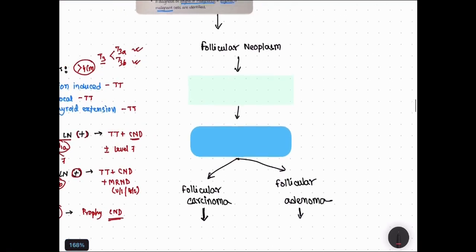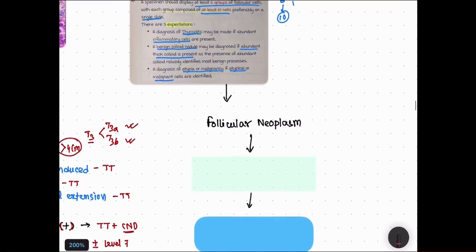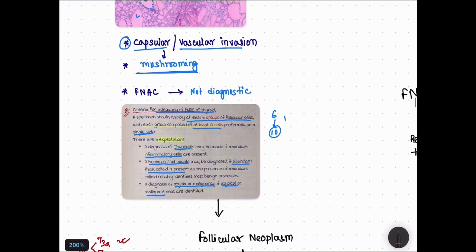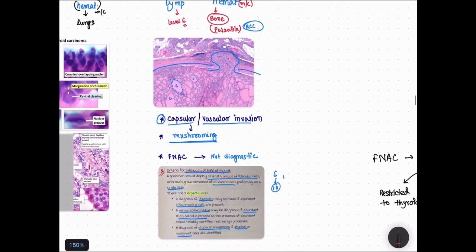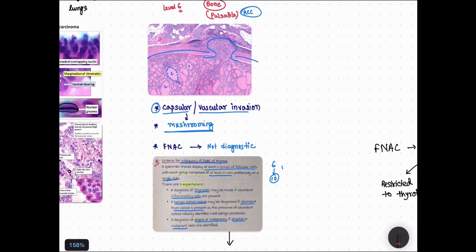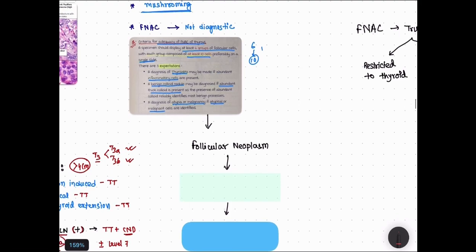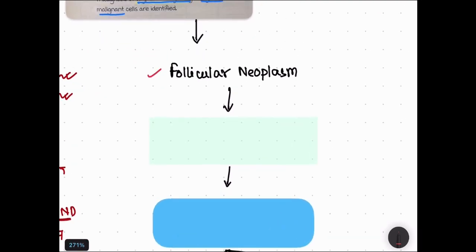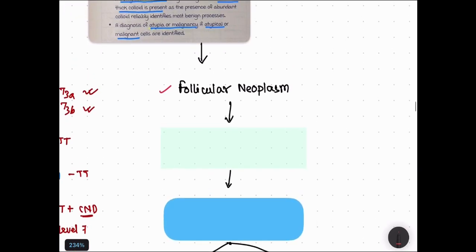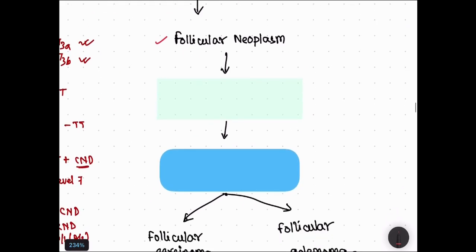Next, coming into the follicular thyroid carcinoma. So in follicular thyroid carcinoma we have done FNAC, and FNAC is inconclusive, and that is actually giving you this report like follicular neoplasm. So you have to be very much sure whether it is a follicular thyroid carcinoma or follicular adenoma. You have sent the FNAC sample to the pathologist, and follicular neoplasm is the report.